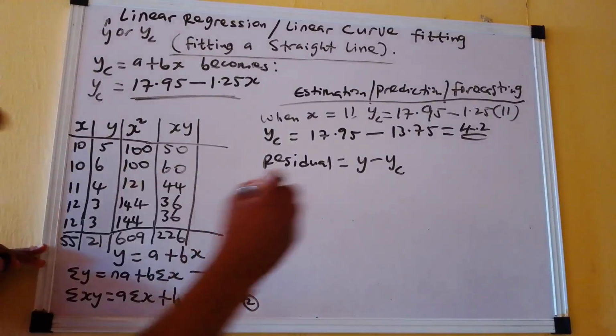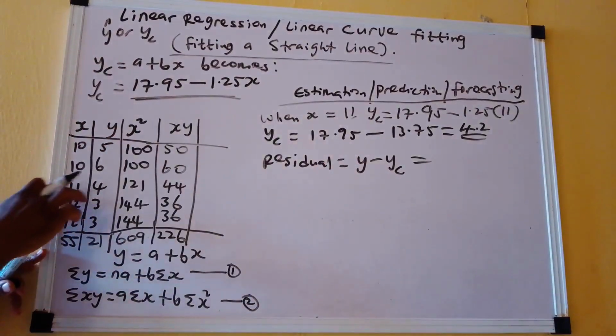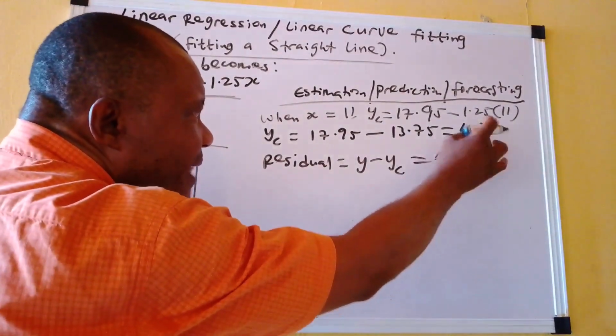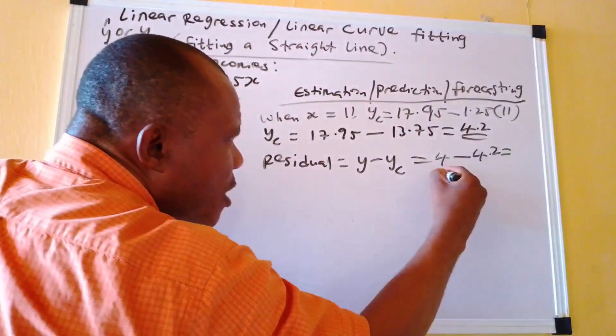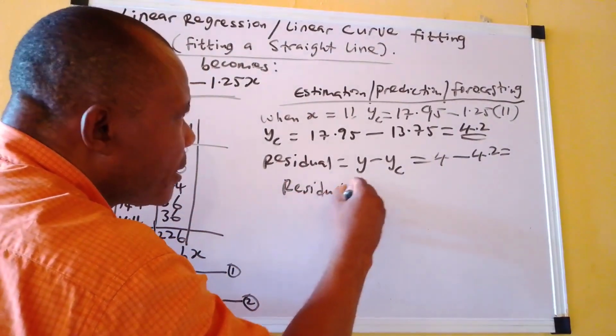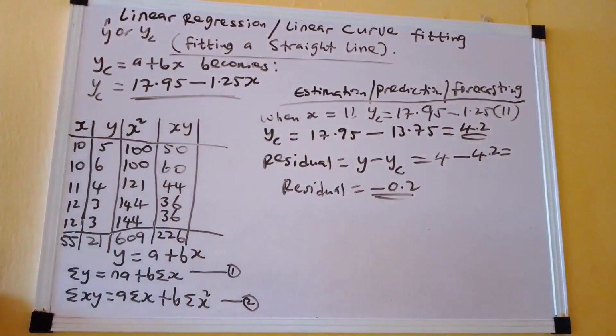So the observed y, when x is 11, is 4, and the estimated y that we got is 4.2. So our residual is equal to minus 0.2. That is the error term in that particular value, the residual.